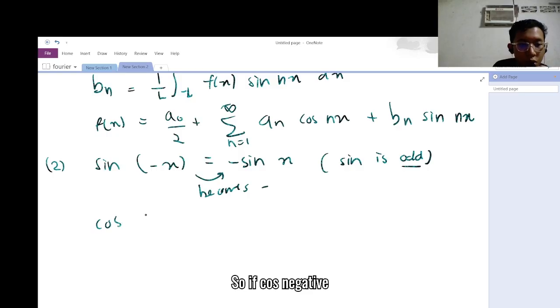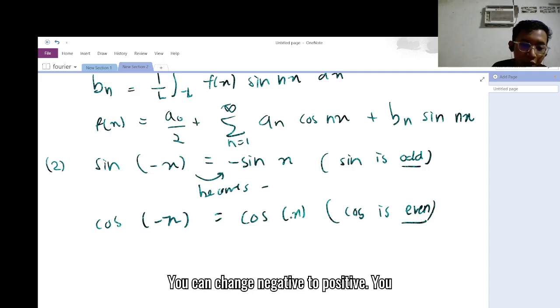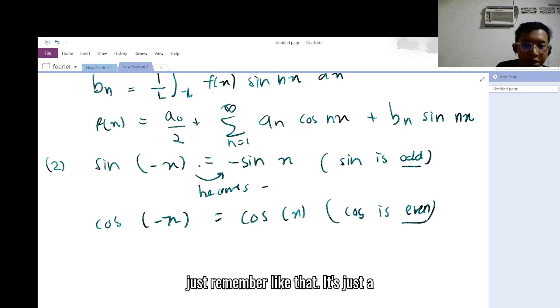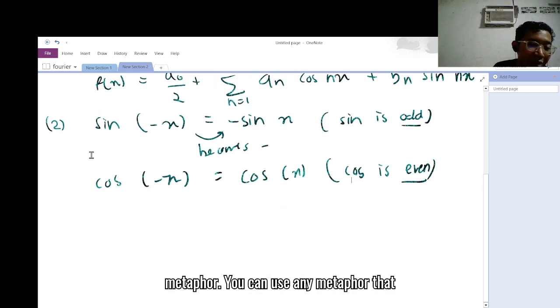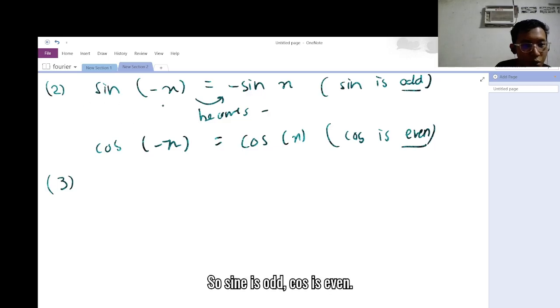So cos negative x will be cos positive x, because cos is even, so you can remember it as even: you can change negative to positive. It's just a metaphor. You can use any metaphor that you can if you are able to easily remember it. So sine is odd, cos is even.